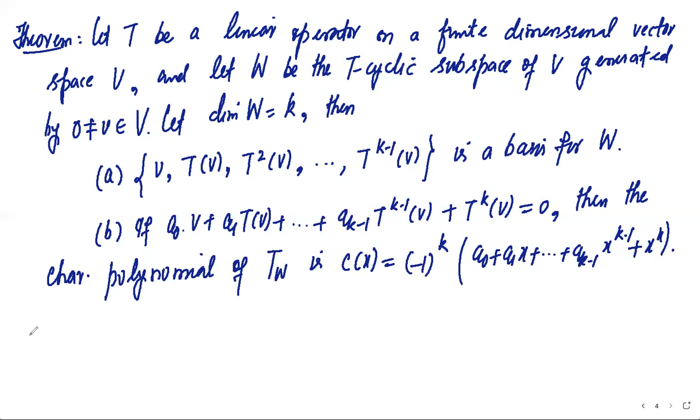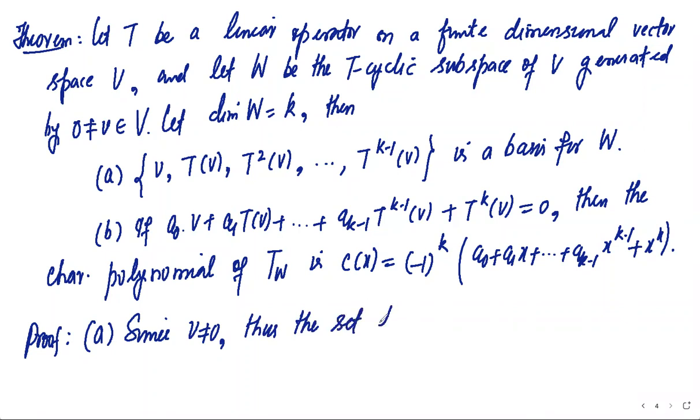Okay, now let's start the proof of part A. Since this v is not equal to 0, the set containing the single non-zero vector v is linearly independent.